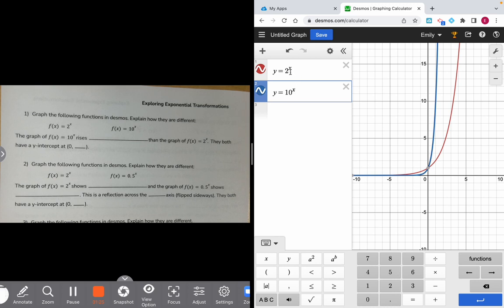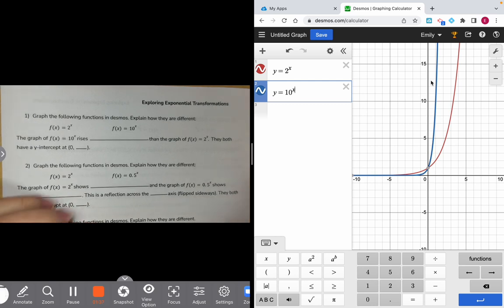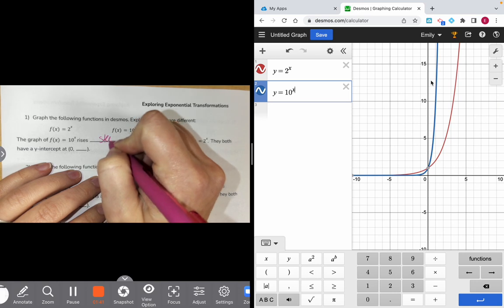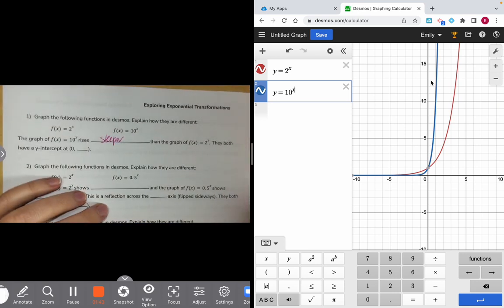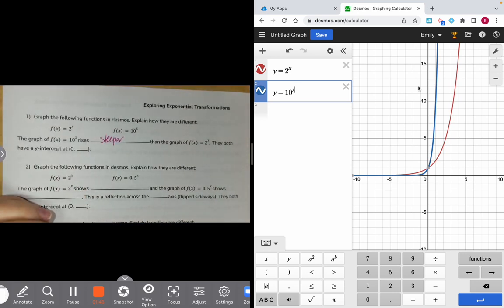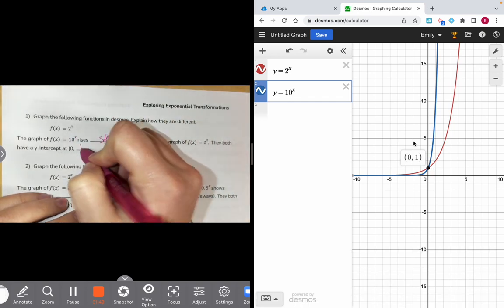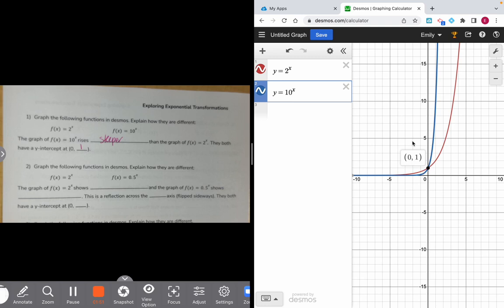So y is equal to 10 raised to the power of x rises faster, or steeper, than the graph of 2 raised to the power of x. You can call it faster, however that works for you. And they both have the y-intercept at the point 0, 1, where they cross the y-axis.